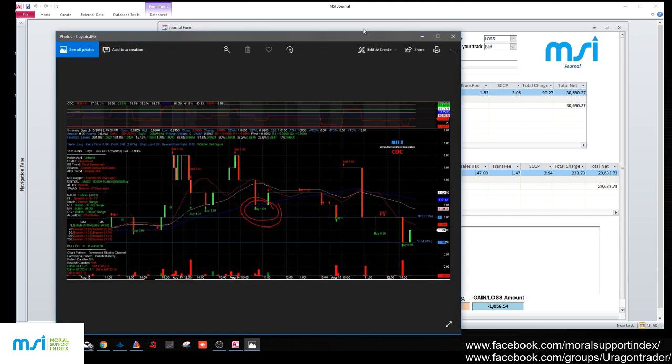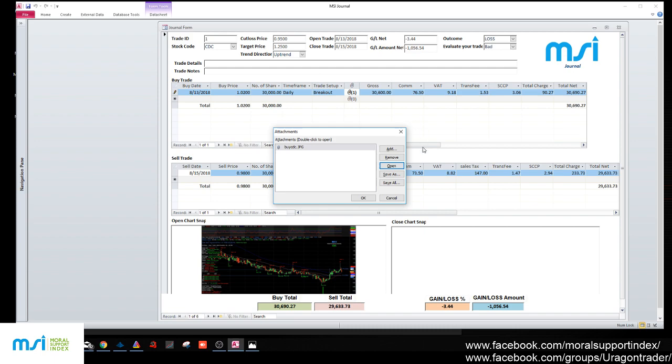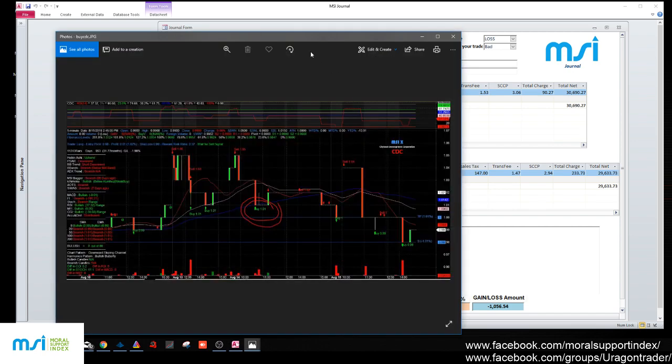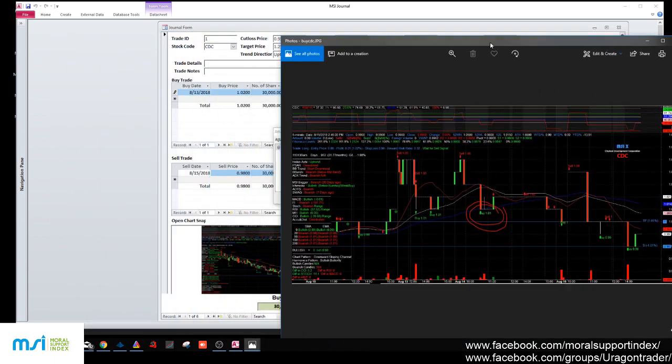Okay, so as you can see here, I was buying sa 1.01. Okay, but fortunately, my entry nakapasok siya sa 1.02. Okay, so this is the chart that I used for it.